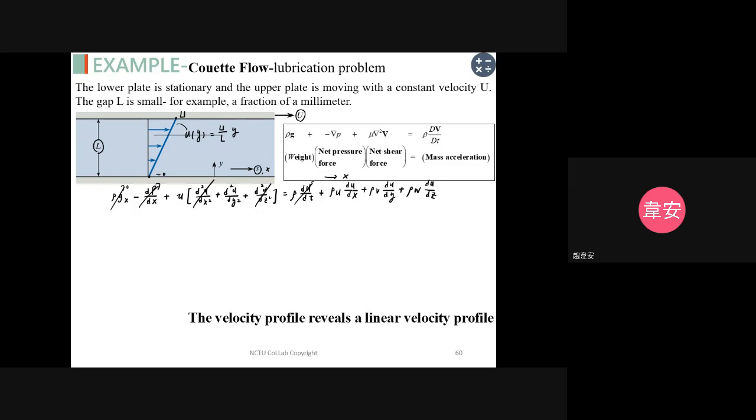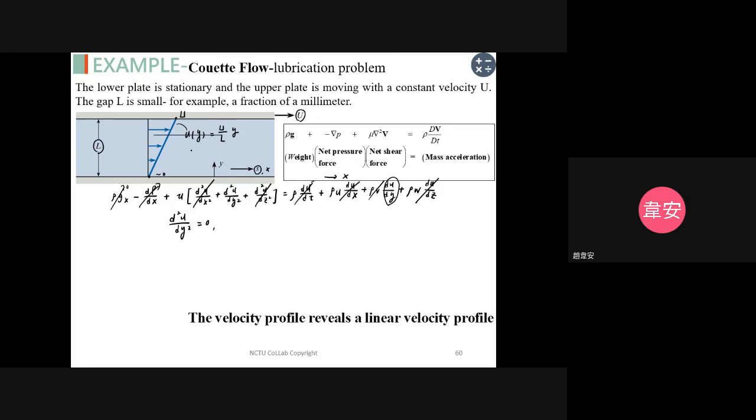Finally, based on the Navier-Stokes equation, we only have d squared u/dy squared equal to 0.